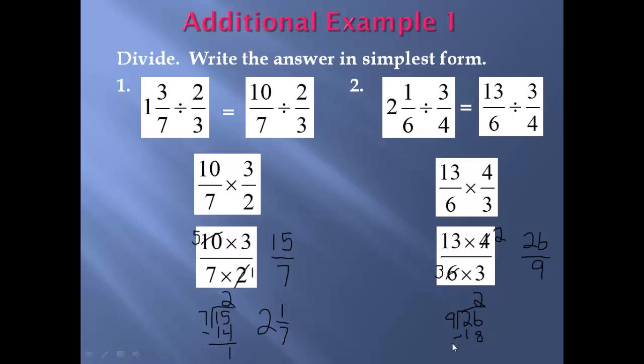Now we need to subtract 26 minus 18. We're going to have to borrow. This 2 will become a 1, and the 6 becomes a 16. 16 minus 8 is 8. So our answer is going to be 2 and 8 ninths.